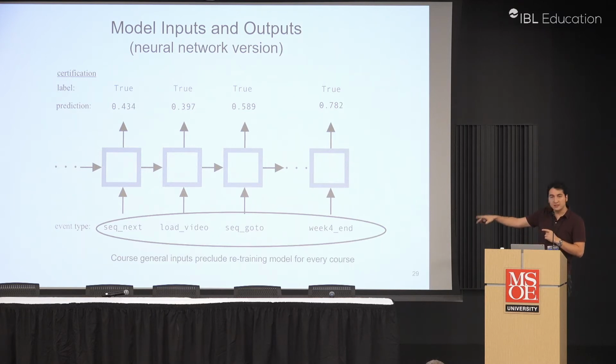I want to point out that these inputs are course general, which means we train one model based on dozens of courses, and it doesn't need to be retrained for another course. So we can make this model public, and you could use it for your course without us having to get your data and then fine-tune the model.